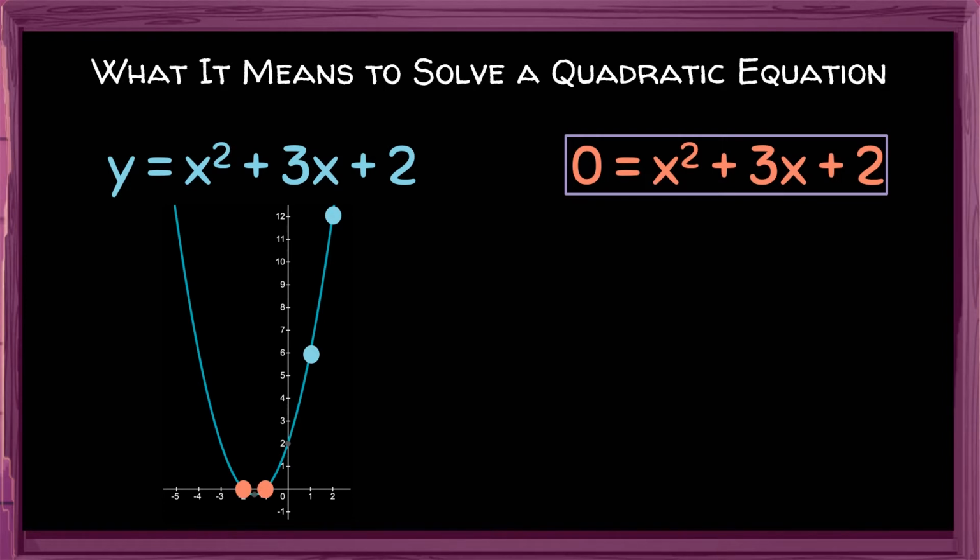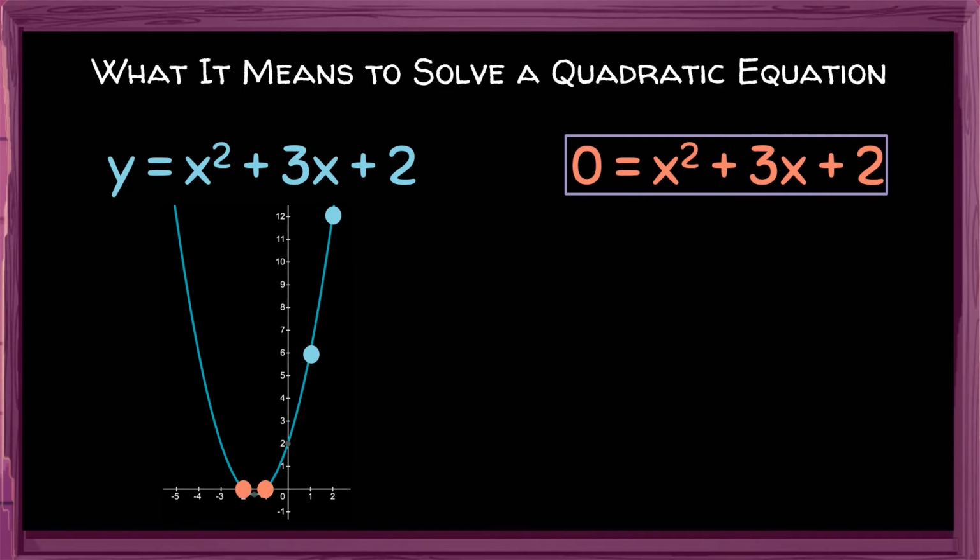In this case, they're -1 and -2, because they're the only numbers we plugged in for x that gave us y equals 0. This makes a huge difference in our math problem when we compare what these two equations just asked us to do. The first equation had millions of points, millions of solutions. We couldn't possibly figure them all out. But our second equation has just 2 answers, which means we can figure them out.